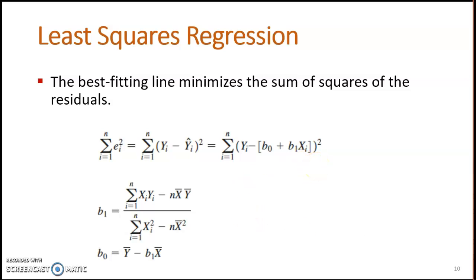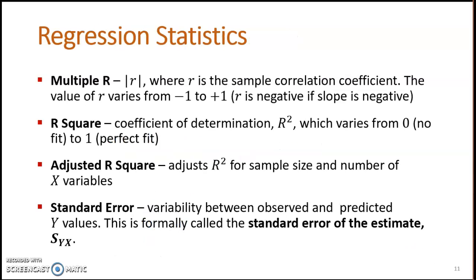If we can find the best values of the slope and intercept that minimize the sum of squares of the observed errors, hence the name least squares, we will have found the best fitting regression line. Please don't worry about calculation. I am sharing the formula with you so that you're aware of it, but you will not need to know how to calculate it in this particular course.